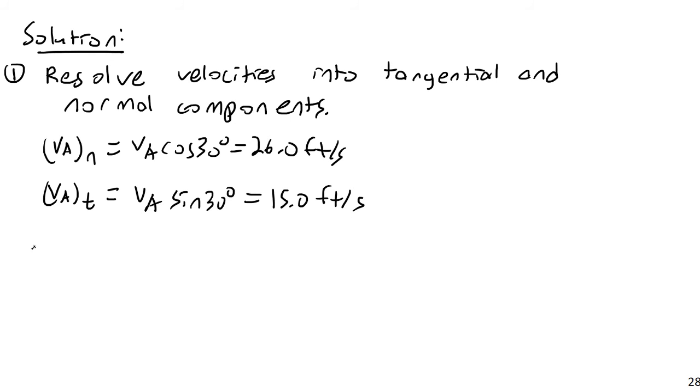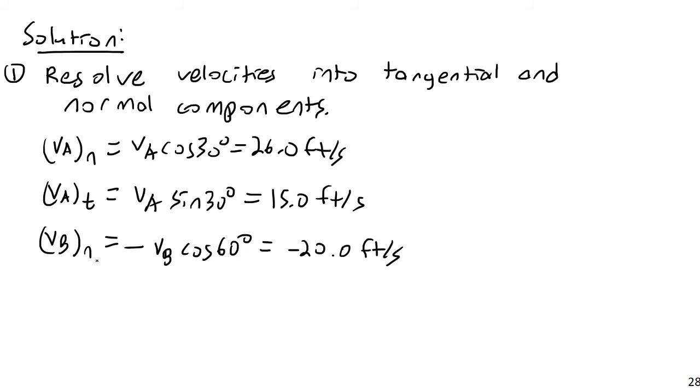And then VB normal will be equal to negative VB cosine 60 degrees, which is equal to negative 20.0 feet per second.